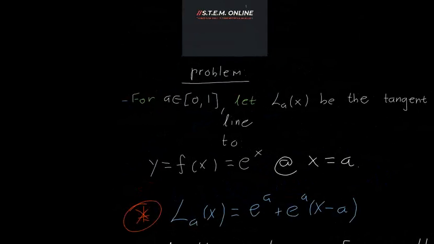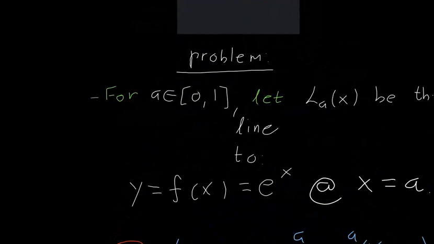So the best tangent line should balance the two endpoint errors. That's going to be our strategy. When I mean endpoint errors, a belongs to the interval 0, 1, so since our right endpoint 1 is much bigger than 0.